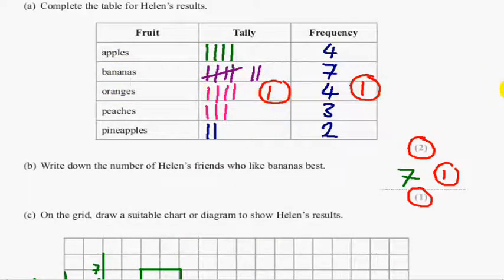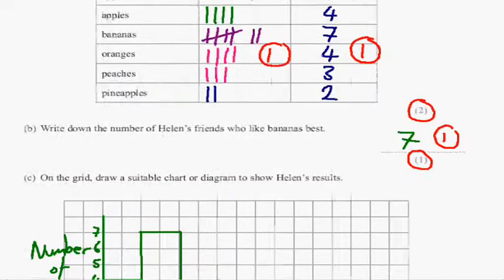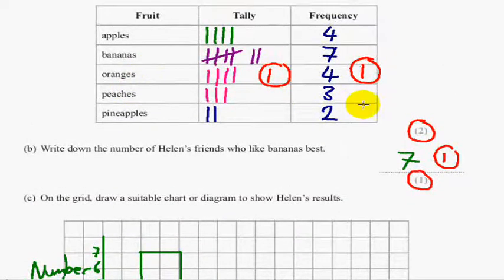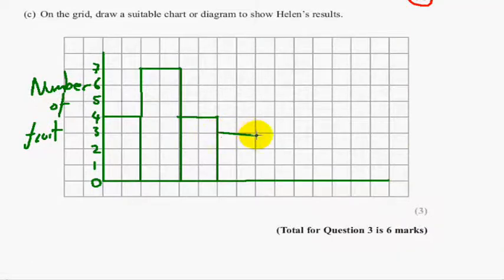Oranges was 4. Then peaches was 3 and pineapple 2. Pineapple was 2 people.